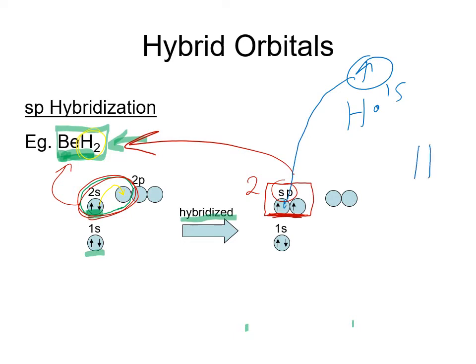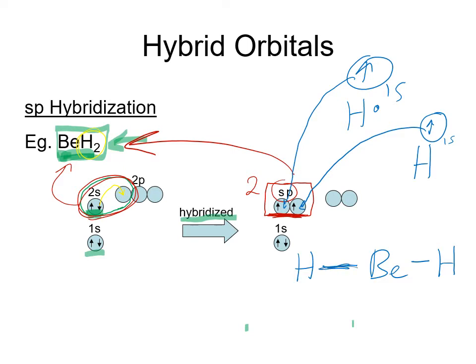And a different hydrogen with its 1s electron could share in this other orbital. And then we could have our beryllium bonded to a hydrogen, bonded to a different hydrogen with those shared orbitals between them. So in order to explain how BeH2 exists, we have to do this hybridization.